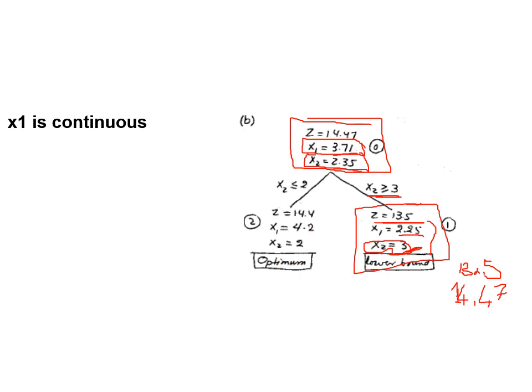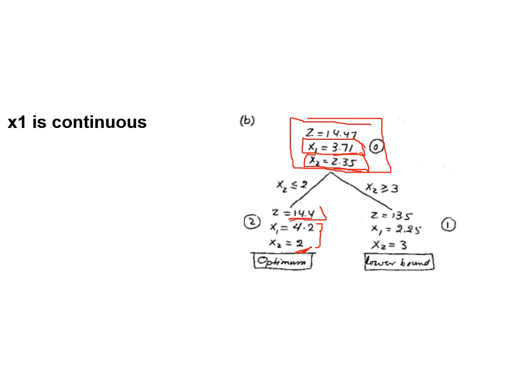Then we explore the next node and we see that when we solve it, we come up with this solution. X1 is again non-integer, but it's not a problem because it's not integer restricted. X2 is integer, that's fine. And therefore we stop. This is also a candidate solution and its objective function value is 14.4.